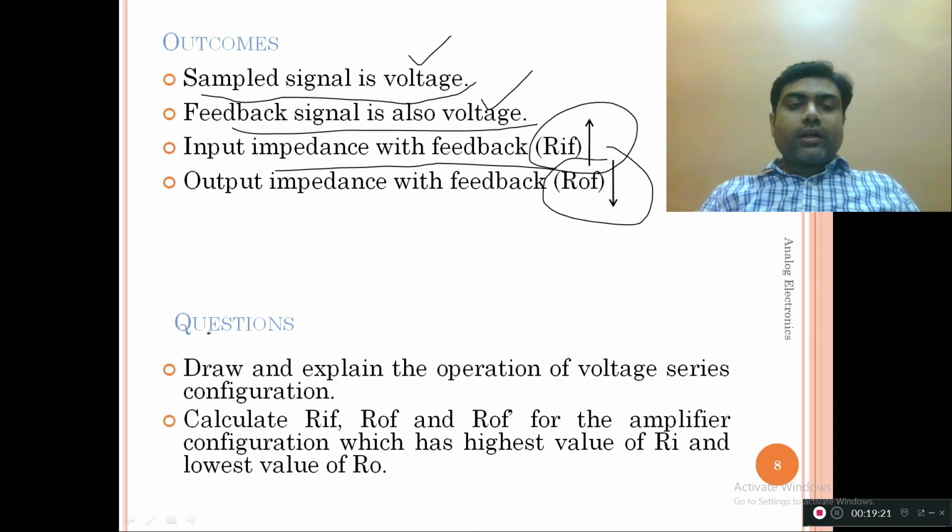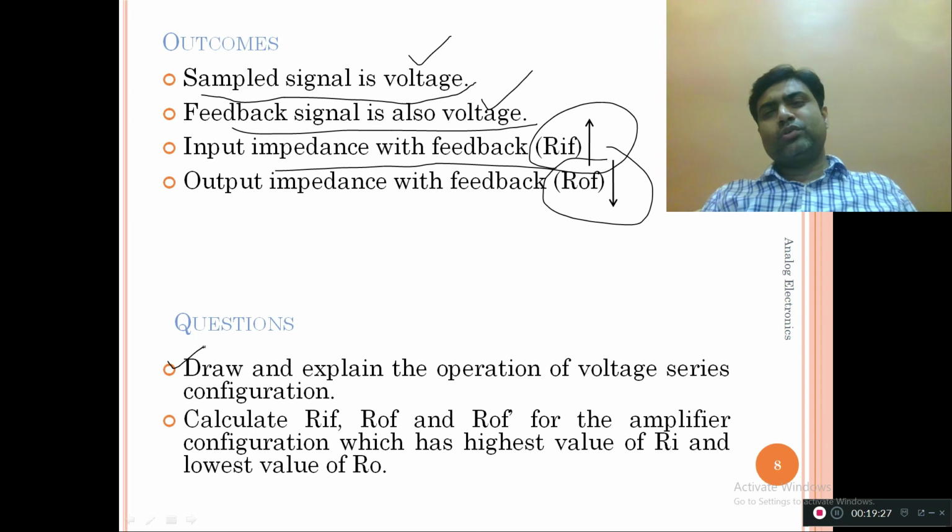So what kind of questions can we expect from this slide? You can be asked to draw the configuration of voltage series. This is a very general question, but what can be the twist? They can ask you to draw the particular circuitry and determine the value of RIF, ROF and ROF dash by knowing the basic characteristic. What is the basic characteristic of the voltage amplifier?